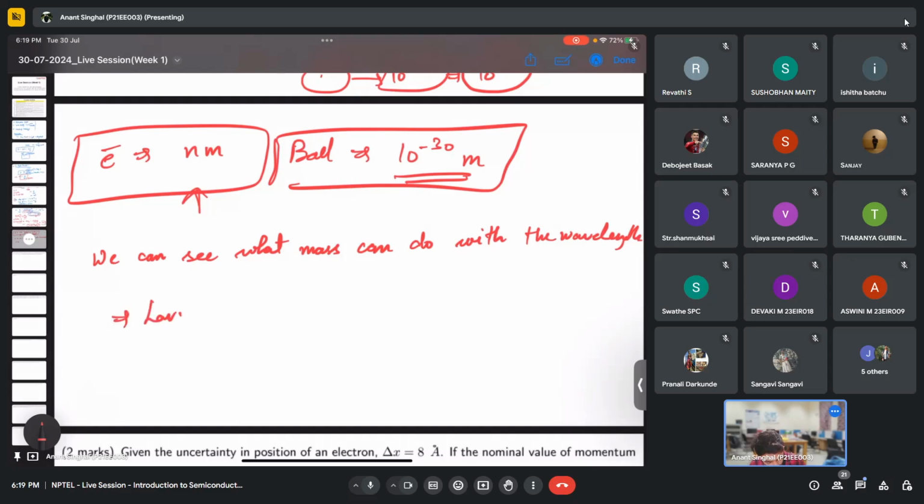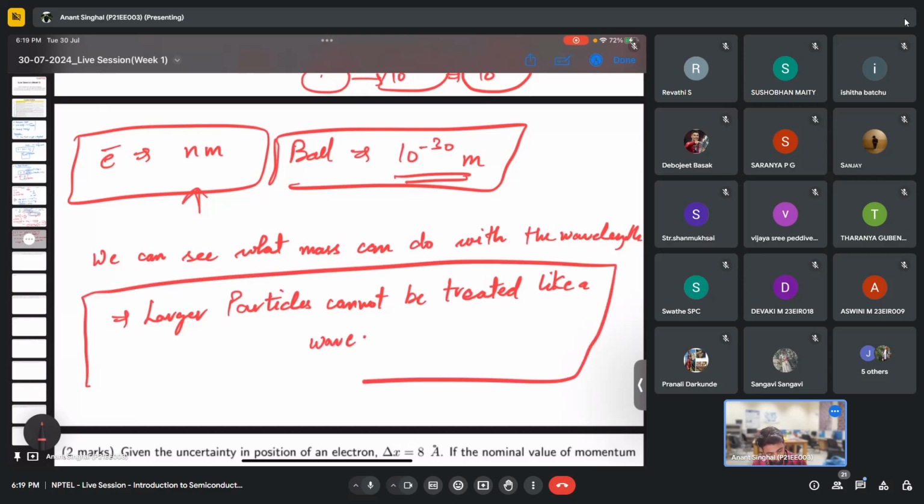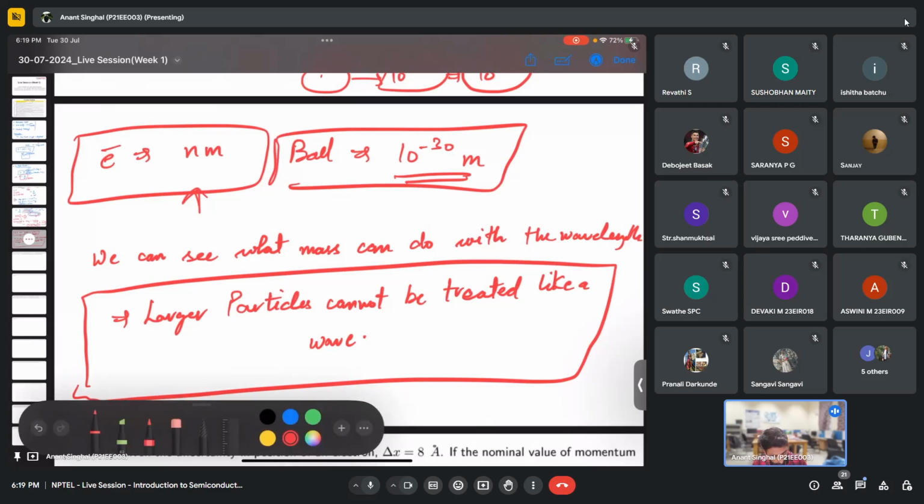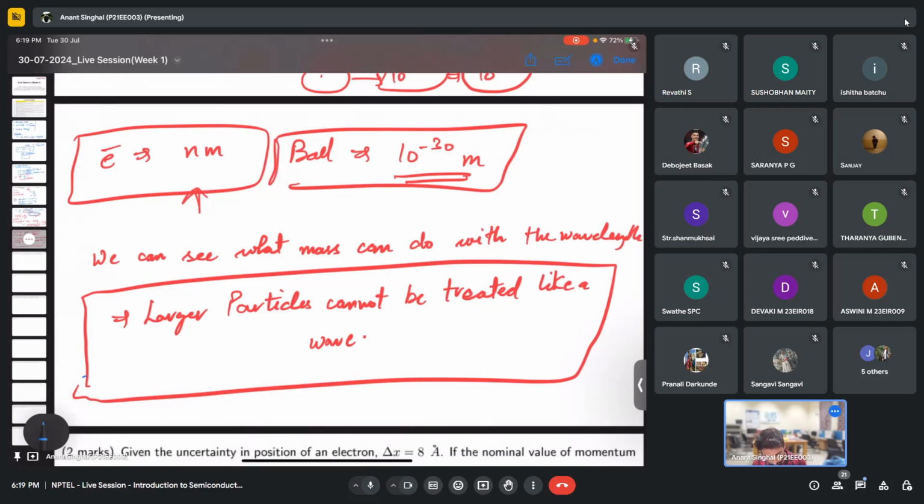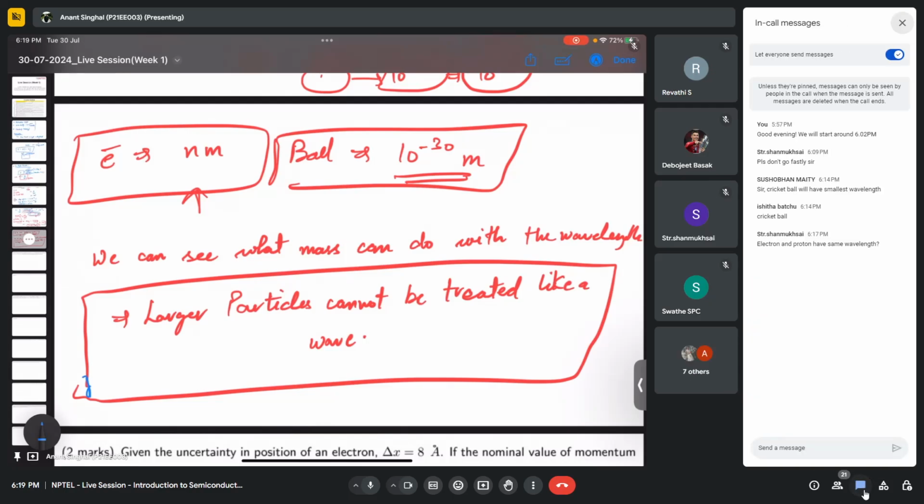We can say that larger particles cannot be treated like a wave. I hope it is clear. This is a very basic concept from the de Broglie hypothesis. So if you have any doubt in this particular question, you can ask.